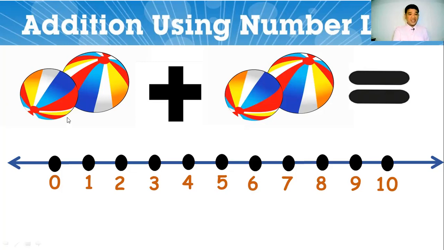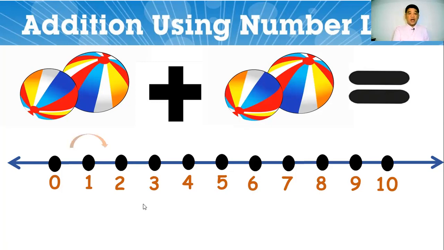The first given number is how many balls you can see. There are 2 balls, and for the second given number or object, how many balls can you see here? We have 2 balls. All right, so let us use the number lines.